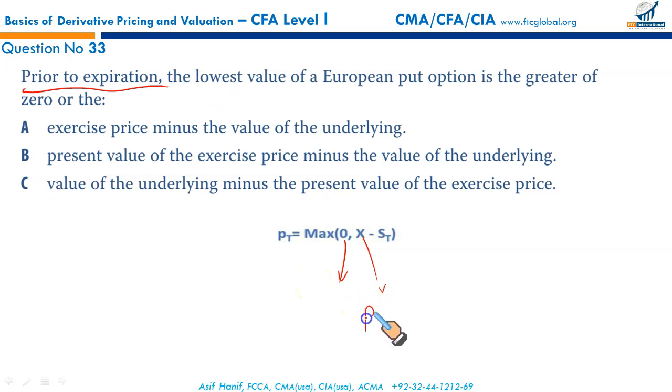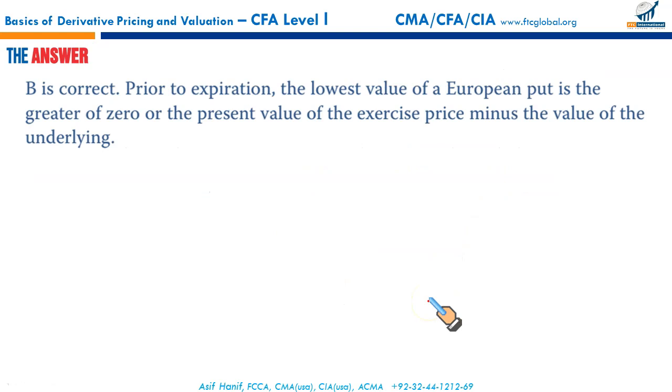So it's going to be the present value of the exercise price less the price of the underlying. So that is the right option: present value of the exercise price minus the value of the underlying. So prior to expiration, the lowest value of a European put option is the greater of 0 or the present value of exercise price minus the value of the underlying. That makes B the correct option.